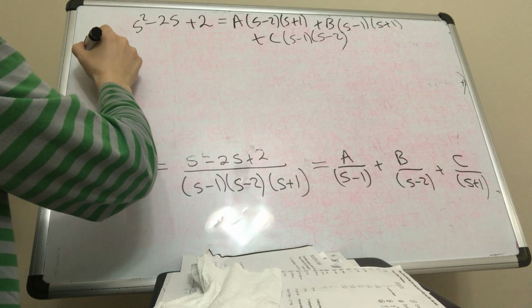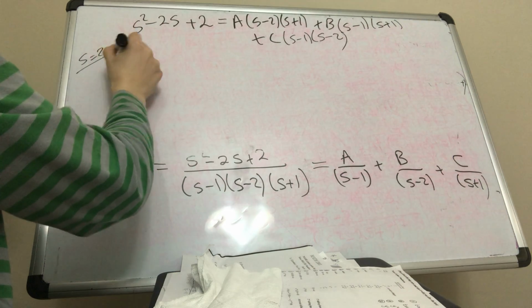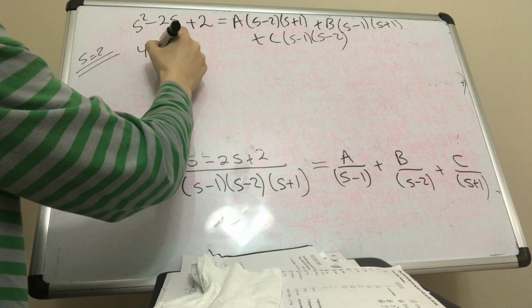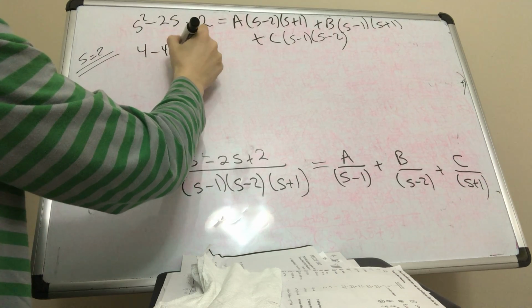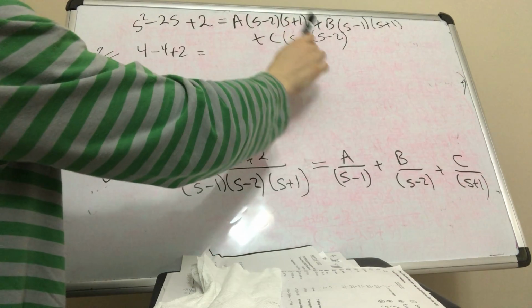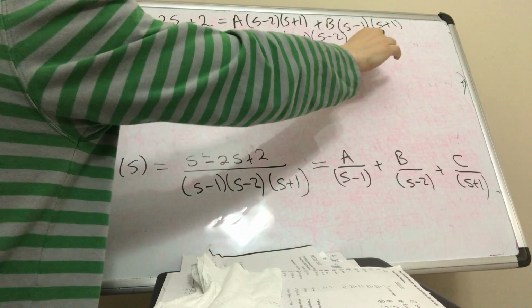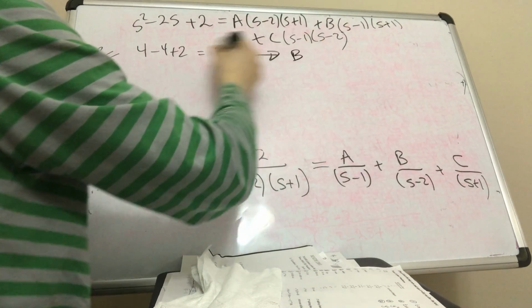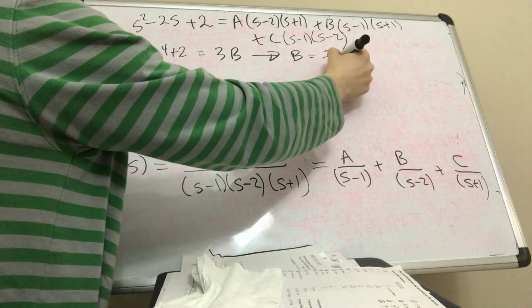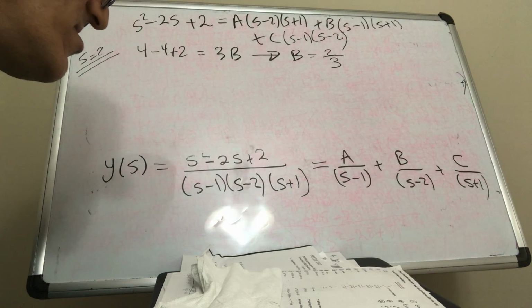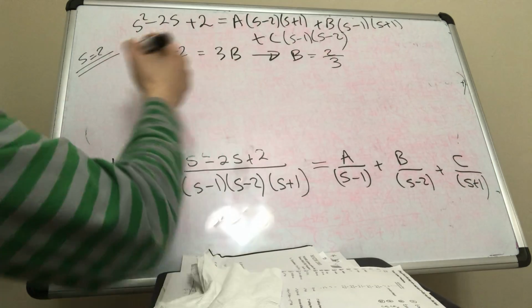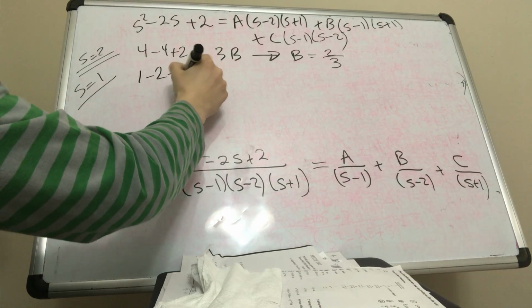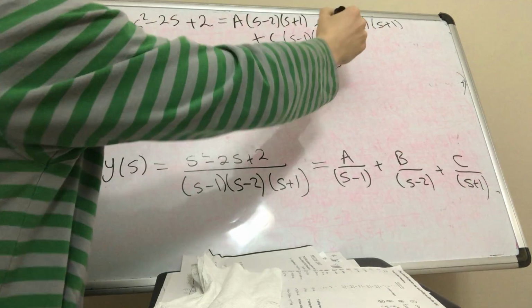We try numbers. I'll try 2 first. 2 here gives me 4 minus 4 plus 2. 2 cancels these 2. I have 1 times 3, 3B. So B would be 2 over 3. We try another number. We try 1. That's 1 minus 2 plus 2. 1 cancels these 2.